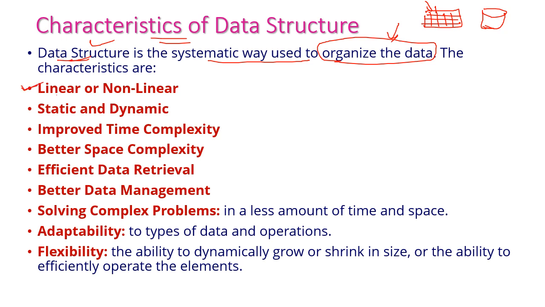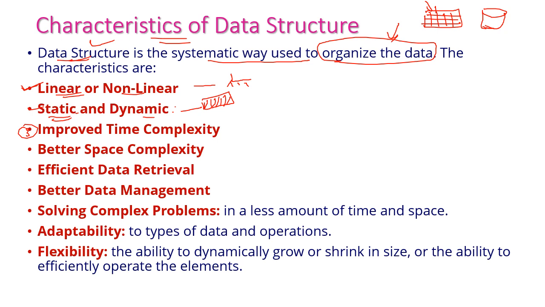Linear or non-linear: based on the requirement, the data should be arranged either in linear order or in non-linear, that is hierarchical, order. And the second one is static and dynamic. It should support both static and dynamic structures. That means during runtime the structure may increase or shrink. So this is dynamic.